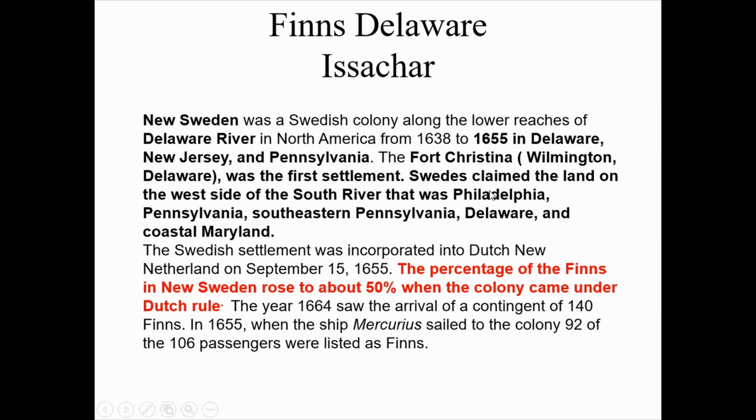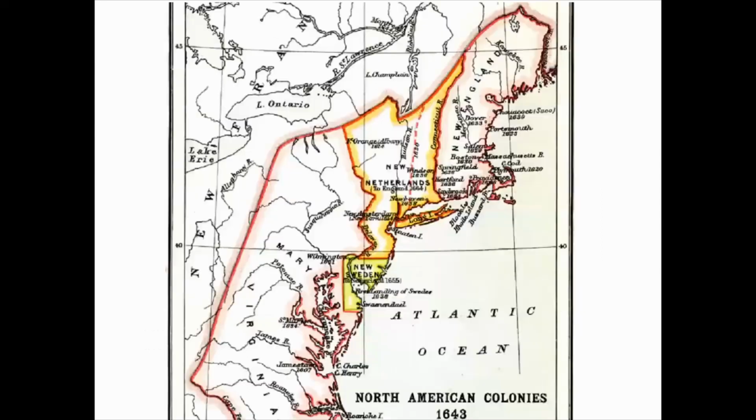It was the first settlement of Swedes to claim land on the west side of the South River. That is Philadelphia today. All right, so the settlement was incorporated into the Dutch New Netherlands on September 15, 1655. The percentage of Swedes in New Sweden rose 50% when the colony came under Dutch rule.